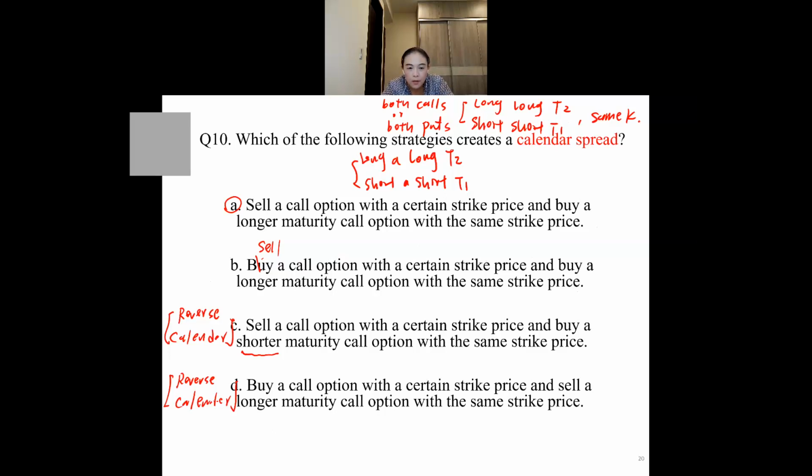When you buy a shorter, this is a reverse calendar, which means you long a short T and short a long T. So C is wrong. D, similarly, buy a call with a certain price, sell a longer maturity. You should short a shorter maturity. So basically C and D both represent a reverse calendar spread, not a calendar spread. The only correct answer would be A.